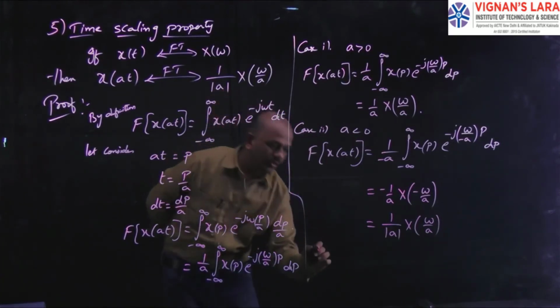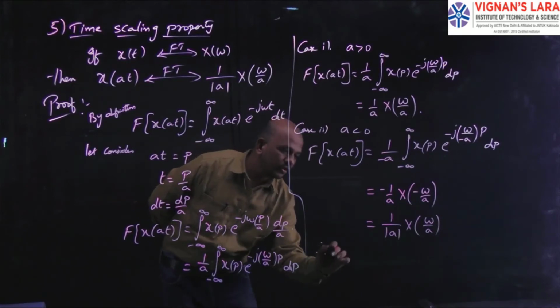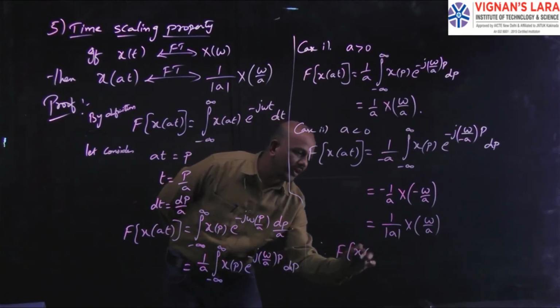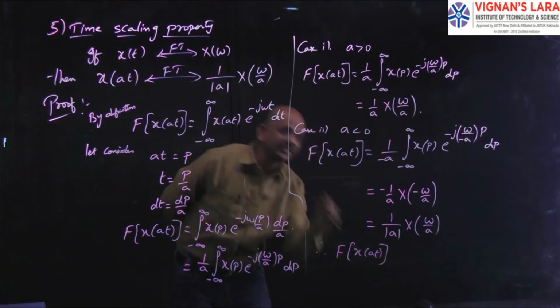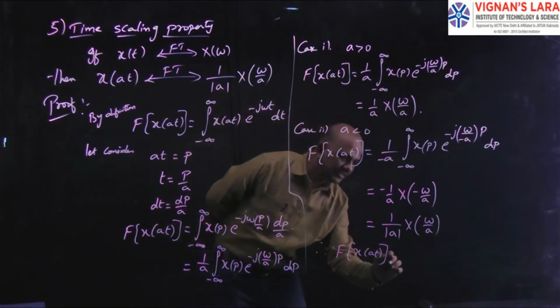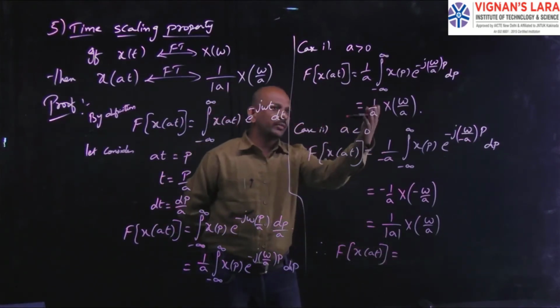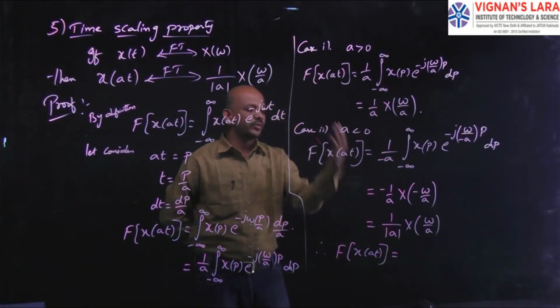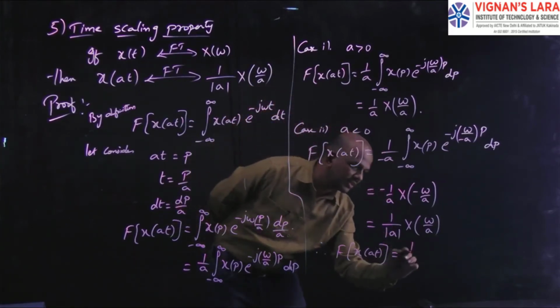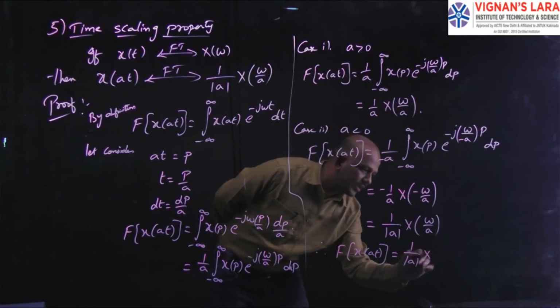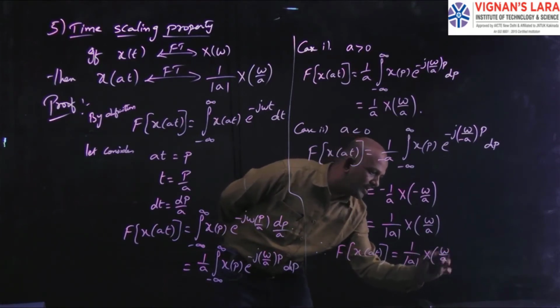So therefore finally we can say like this: the Fourier transform of x of at, considering two cases, I can say that will be equal to, so here is already 1 by a, here even though it is negative we are getting a positive, hence I am writing 1 by mod a X of omega by a.